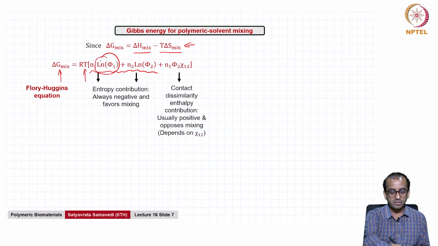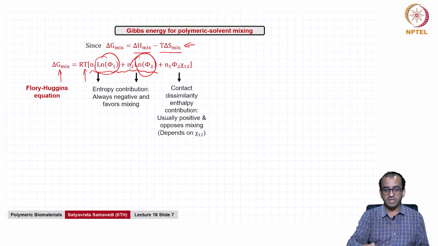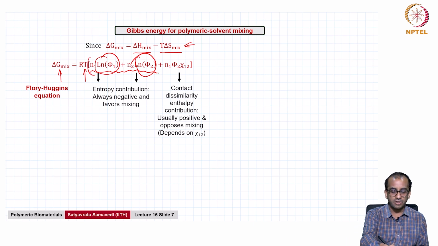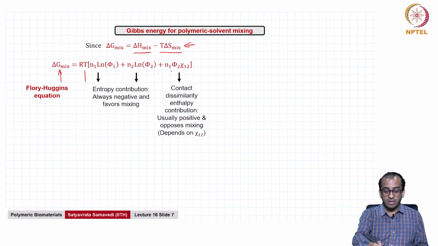Notice that this and this will always be negative. So, overall that part of the equation will be negative. So, that is going to favor mixing always, and this represents the contact dissimilarity enthalpy contribution.